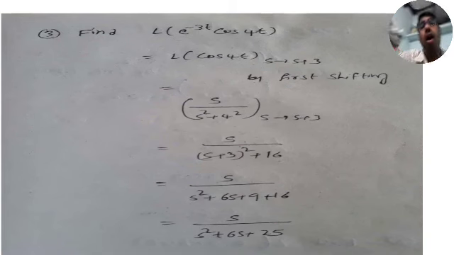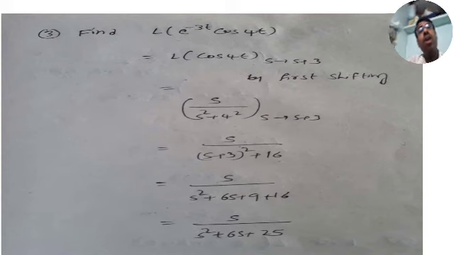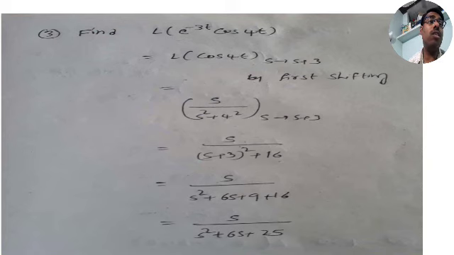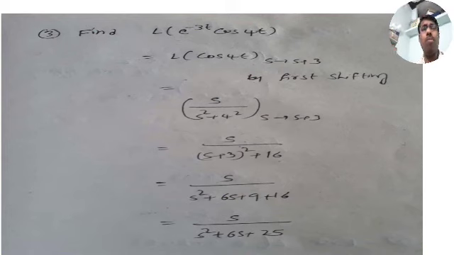So this is our third problem. Find L of e power of minus 3t into cos 4t. Again, this is the Laplace transform of a product of two functions where one of the functions is exponential. Don't get confused, it may be the first or it may be the second.